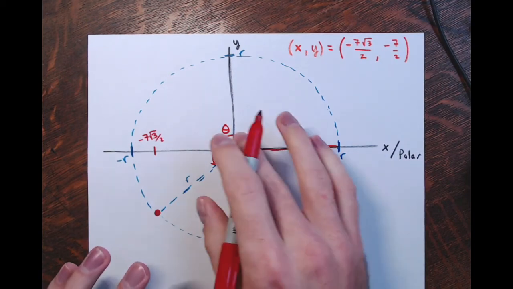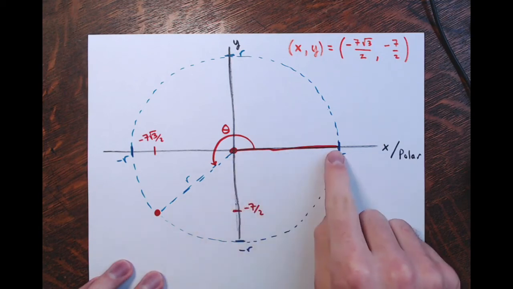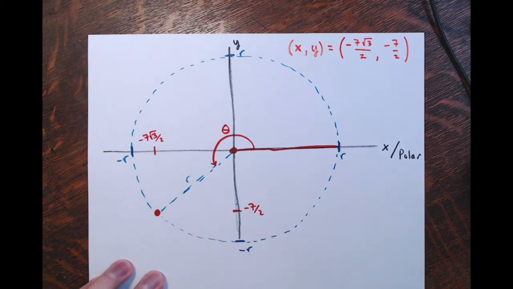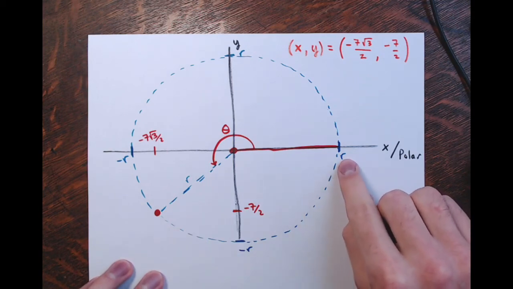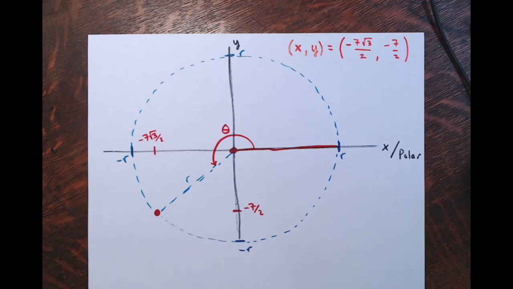But again, that's not the only angle that I can use, as you'll see in a minute. But for the most part, I will start off with this. I'll try to find this angle that starts from the positive horizontal axis. So that way, if I use a positive value of r, I sweep out that angle, I'll land at this point.